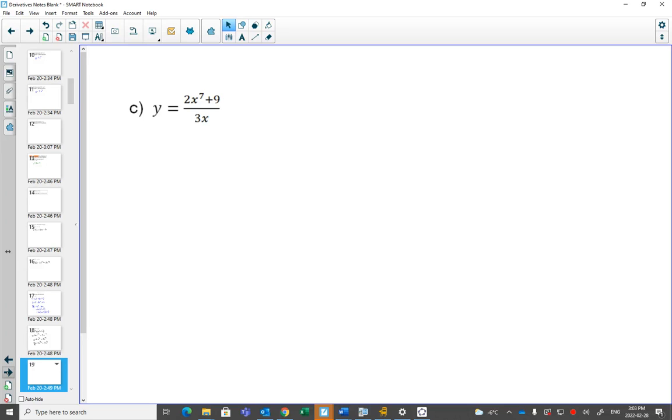Okay, try this one on your own. See what you can do to manipulate this one using the rules that we have. Yeah, but you don't know the quotient rule yet. How do we use the rules that we have? How do you manipulate that equation? I want to see if anybody comes up with different algebraic manipulations.